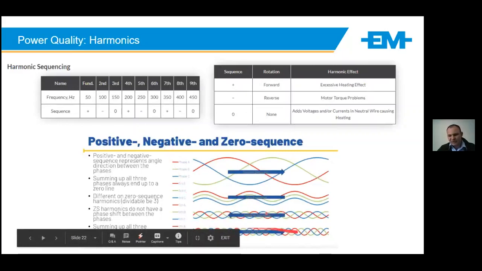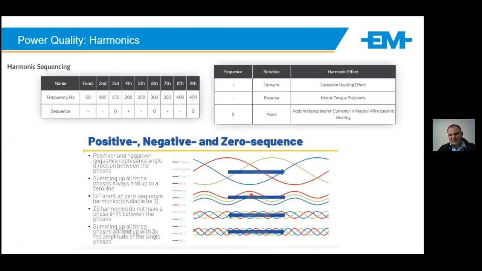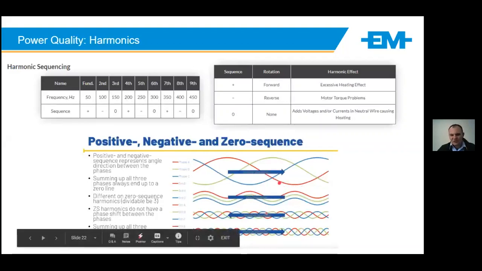The seventh was positive. To some extent, these would cancel each other out if you sum them up. But the zero sequencing that would exist would continue to exist and thus be present on the neutral.